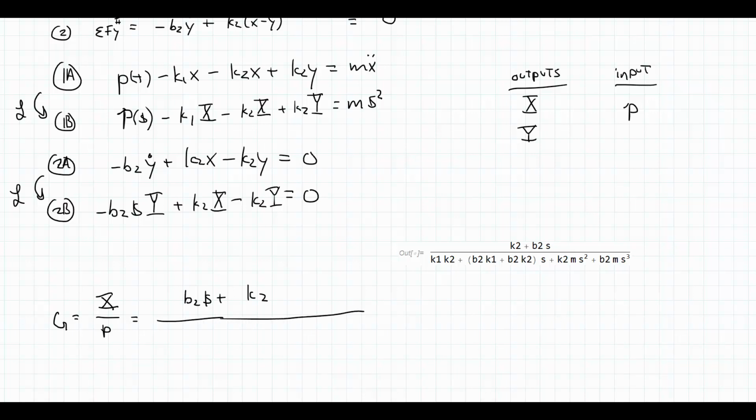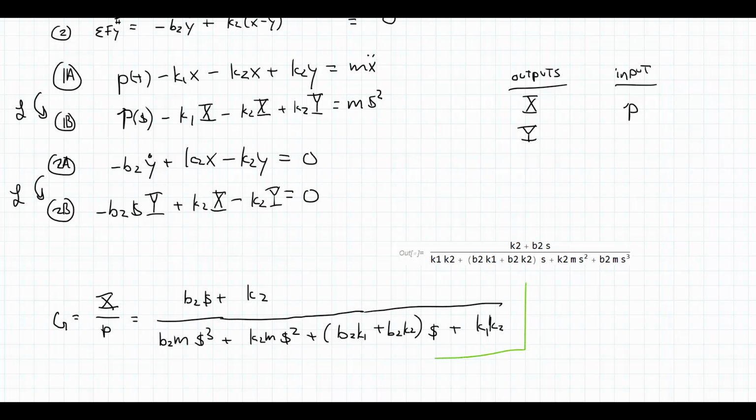And then in reverse order, I have b2m s cubed plus k2m s squared plus that quantity b2k1 plus b2k2 times s plus k1 k2. That now, properly written, is my transfer function from my input p to my desired output x.